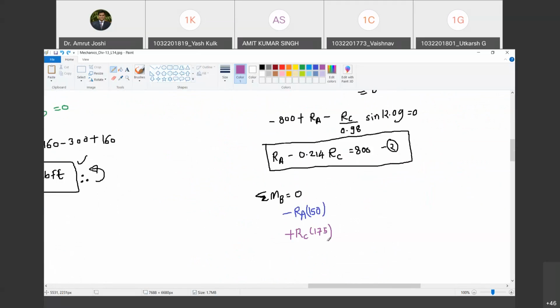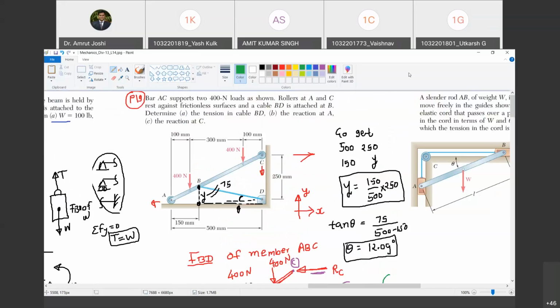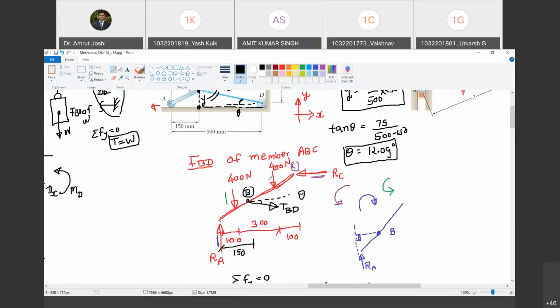Next, these 400 Newton forces will also cause moments. Do you agree with me? This 400 Newton is going to cause an anti-clockwise moment about B, and this other 400 Newton is going to cause a clockwise moment.